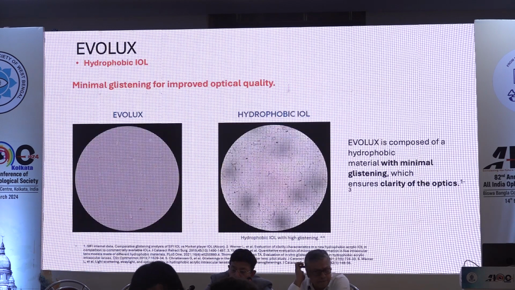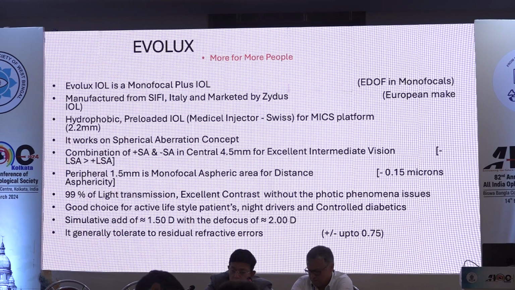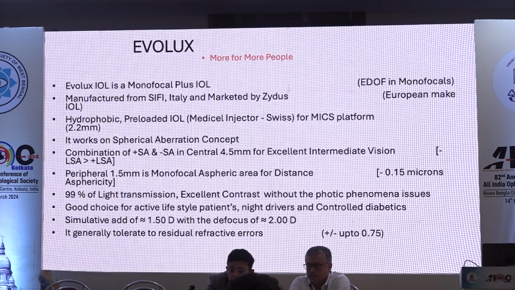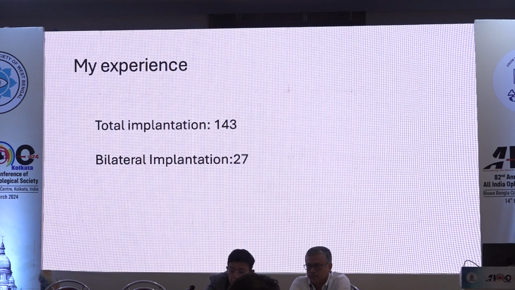It is made of hydrophobic, non-glistening material. It doesn't have the glistening that other companies' lenses have. So Evolax is almost a monofocal plus IOL manufactured by SIFI, in a hydrophobic preloaded version. It works on a spherical aberration concept, as I said, a combination of positive and negative asphericity at 4.5 millimeters. It's a bigger zone, and it gives excellent intermediate vision.